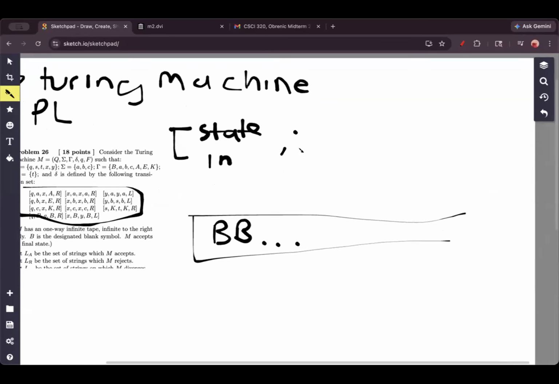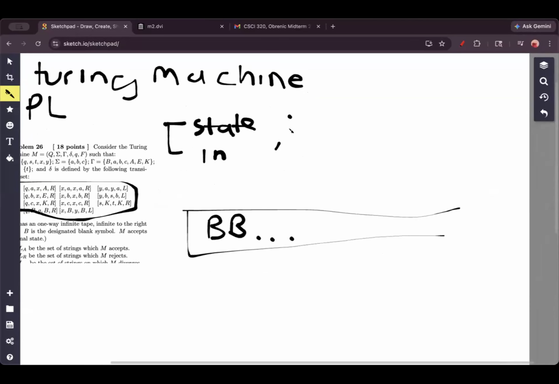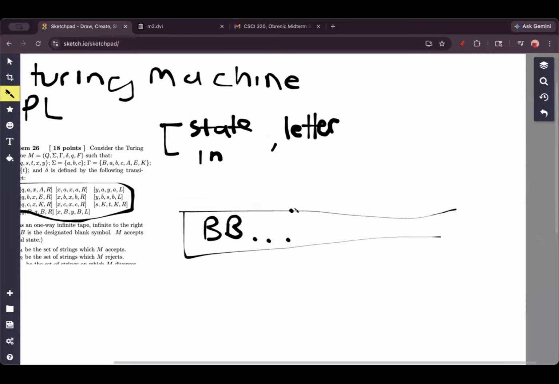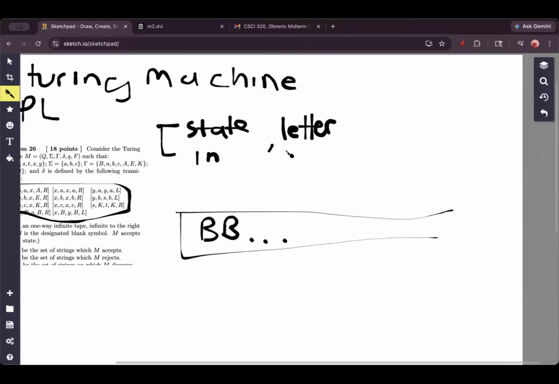This is what you see on the tape, the letter or number that you see, because I know sometimes she can also give you binary instead of ABCs.